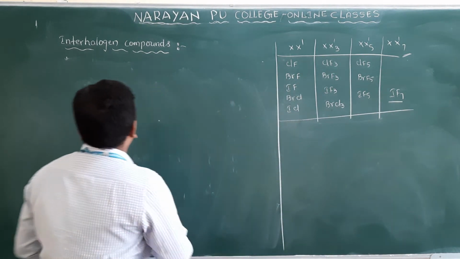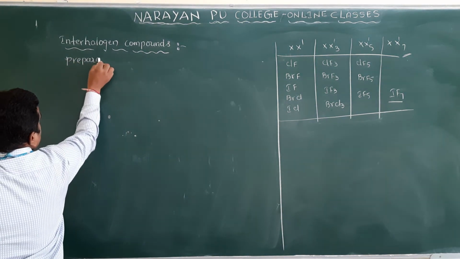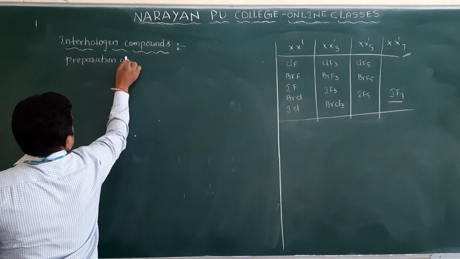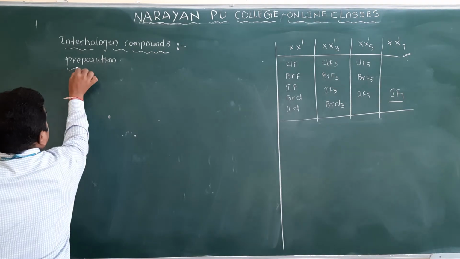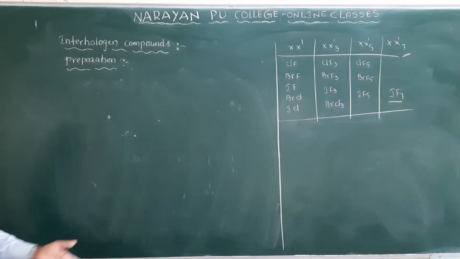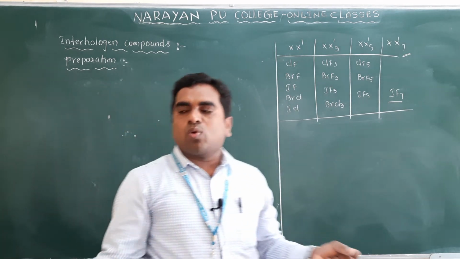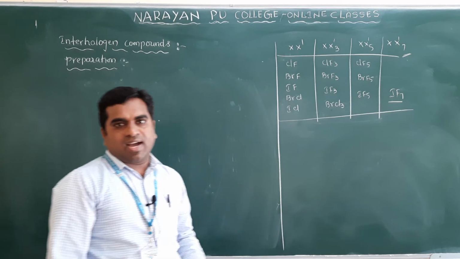So how will we prepare them? I will write here, then you can understand. Preparation of interhalogen compounds. So how can we prepare? We can prepare directly. Directly means take one halogen and another halogen and react them, and you will get the interhalogen compound.